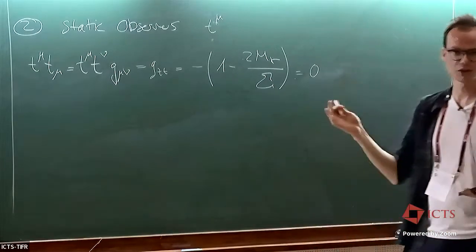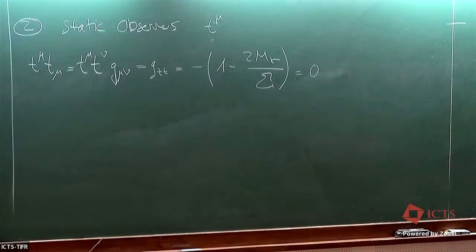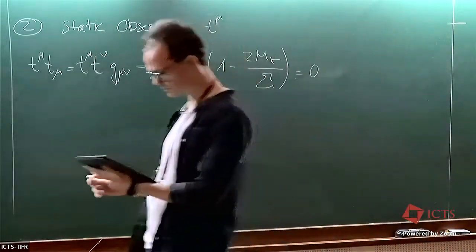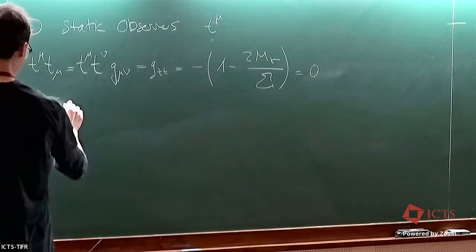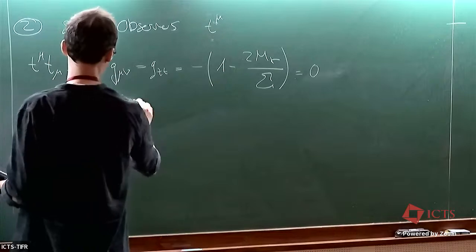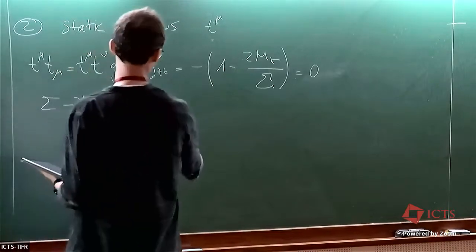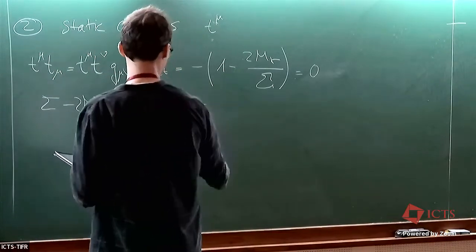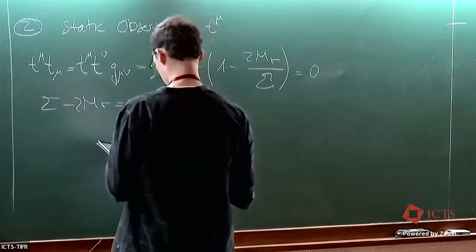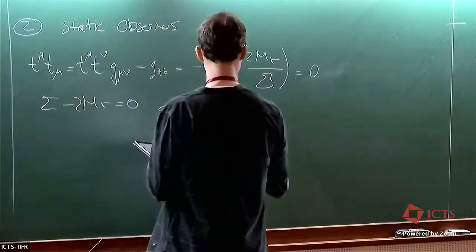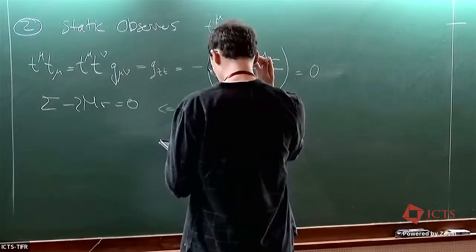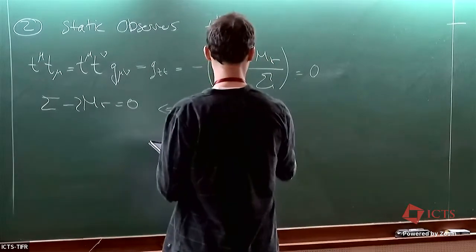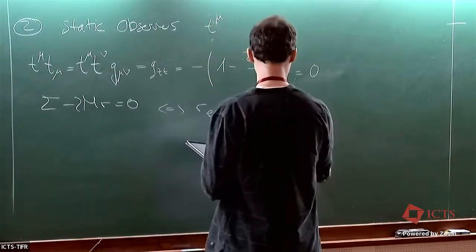So it basically changes from being timelike to spacelike. So where is this true? Well, basically it's true at sigma minus 2m r equals 0. And if you solve this, we only care about the stuff that happens outside the horizon, so it happens to be the following expression.